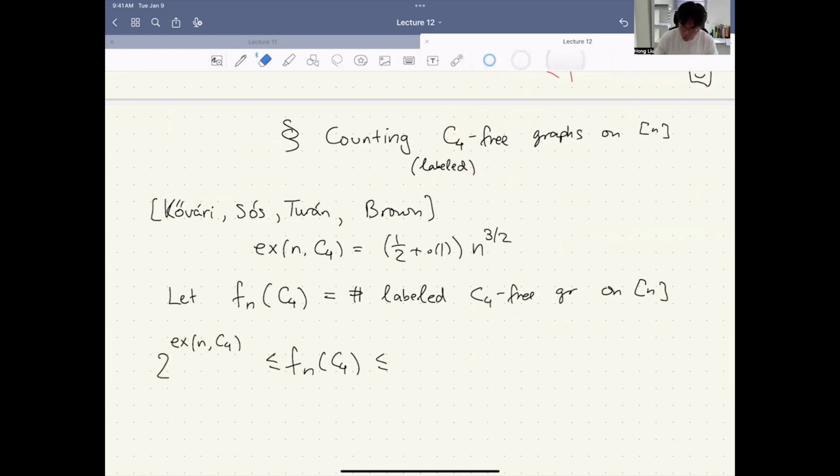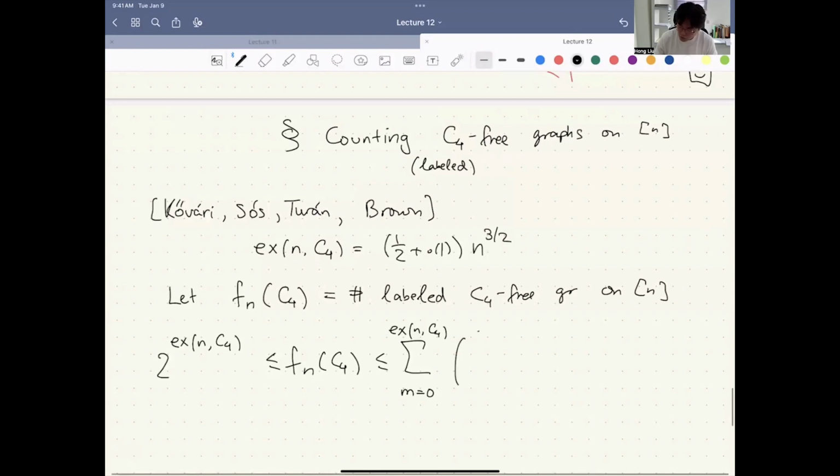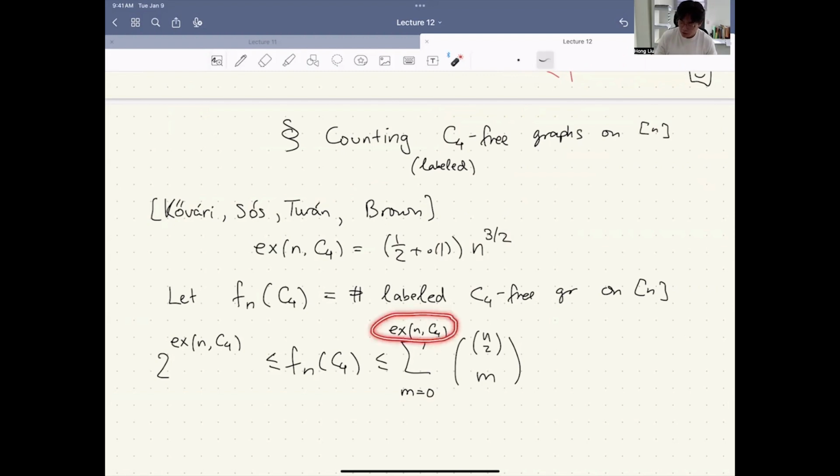So we can always bound the upper bound this way. Let's say your C4-free graph has m edges, the number of edges is between 0 and the extremal number of C4, and you have n choose 2 labeled edges to pick m of them. If you do this calculation, m is very tiny. This is far away from the middle of this term. It's subquadratic, which means the last term is the heaviest one. Just multiply by 2, we will already get the upper bound.